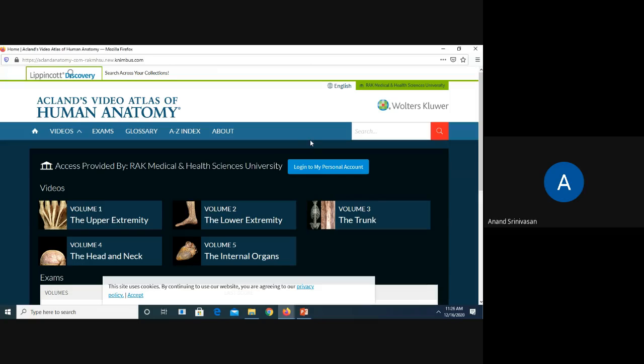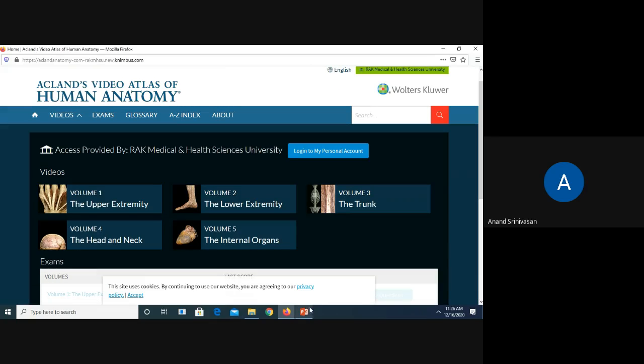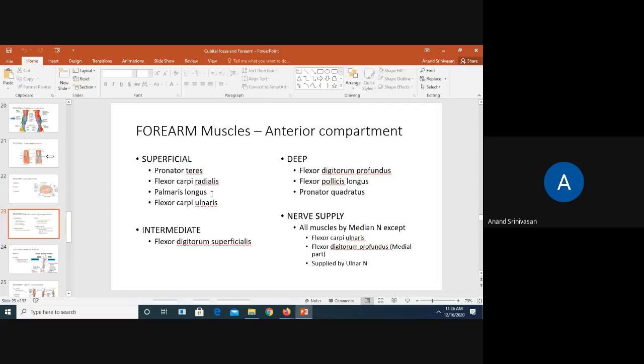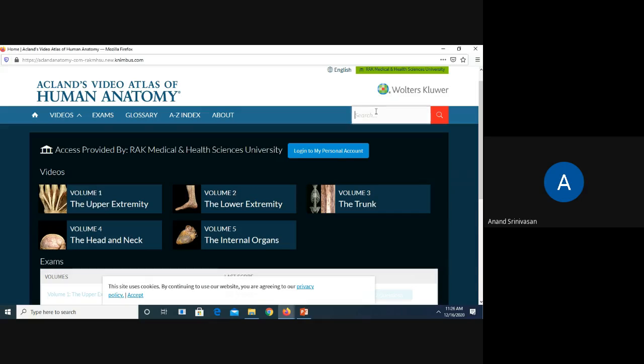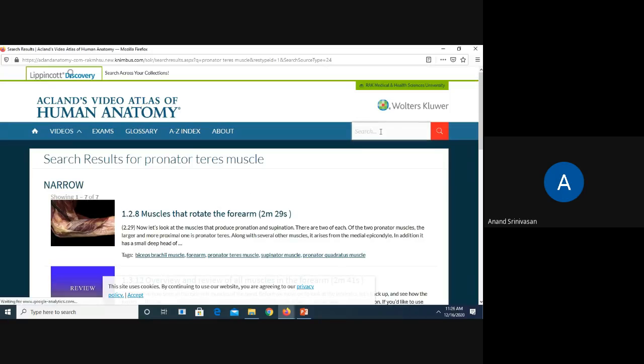What I would ask you to do is, for example, I'm taking one of these muscles here, say pronator teres. I don't know what this muscle is, so I'm just typing this muscle. It then takes you to the video.